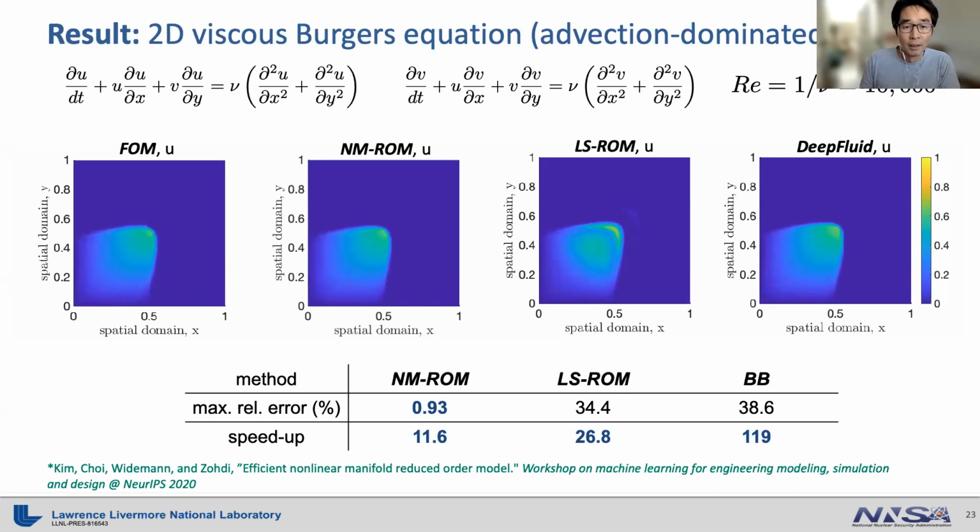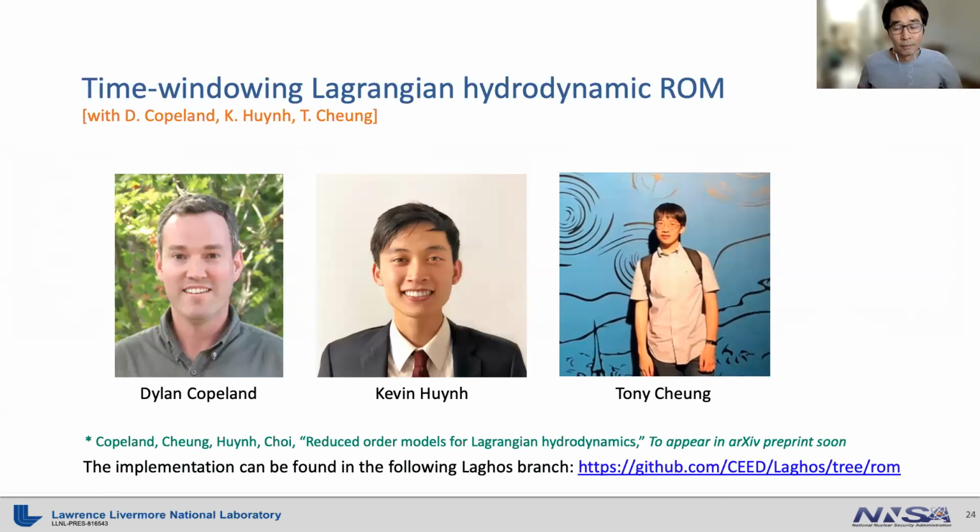Okay, however, you may think that NNROM is too complicated because you have to introduce more nonlinearity in your governing equations. I mean, on top of the nonlinearity in your governing equations, you are adding more nonlinearity, right? And also the approach is intrusive, unlike other black box approaches.